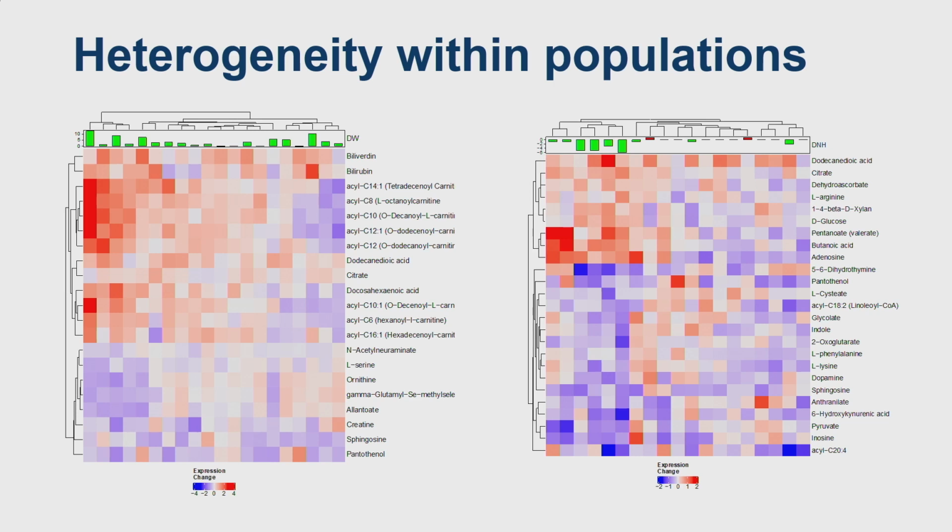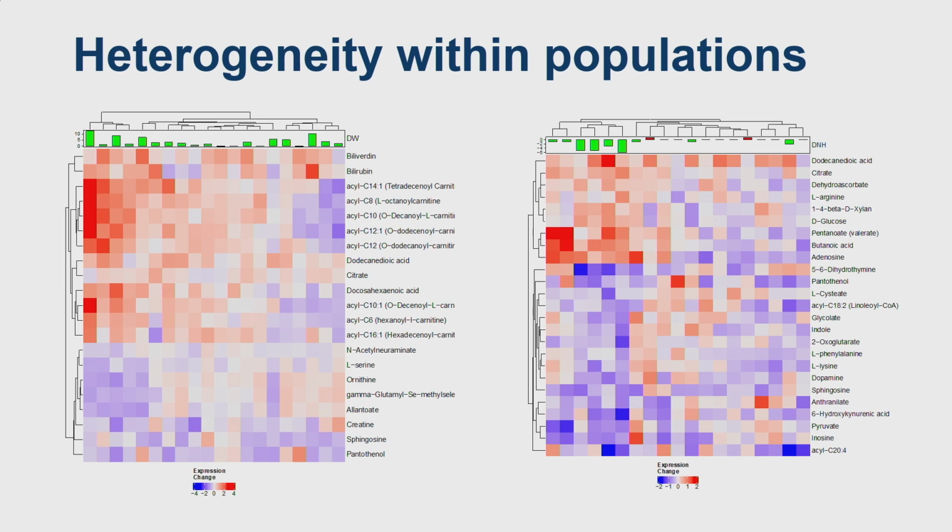On the rows are the metabolites. At the very top of that heat map is clinical data, the green boxes, and that clinical data is delta weight. The scale is from 0 to 10 kilos. Where those tallest green boxes are evident, there are really two categories of patients.